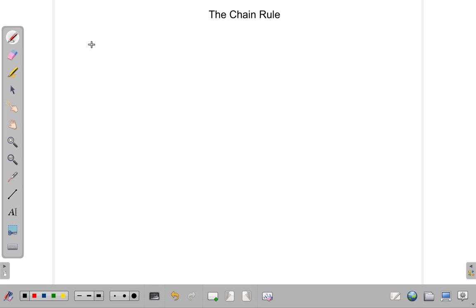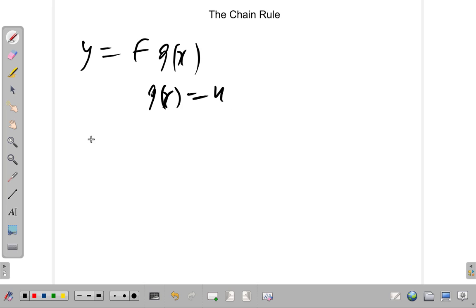The general way that is written, for example, you have y is equal to f of g of x, right? And suppose you let g of x be equal to u, so that y is equal to f of u.